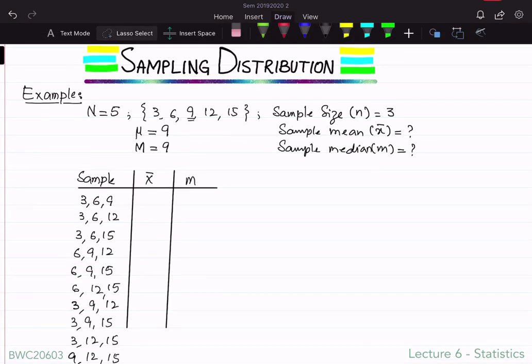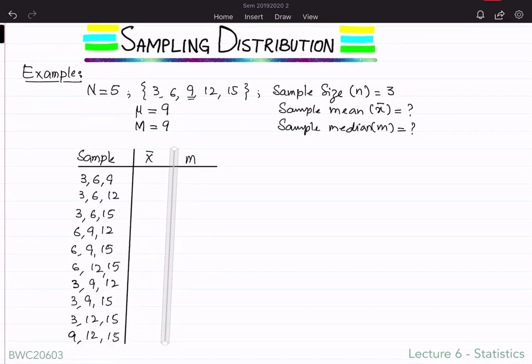Let me increase this line's length. Okay, let me count: 1, 2, 3, 4, 5, 6, 7, 8, 9, 10. Yes, we can have 10 samples.